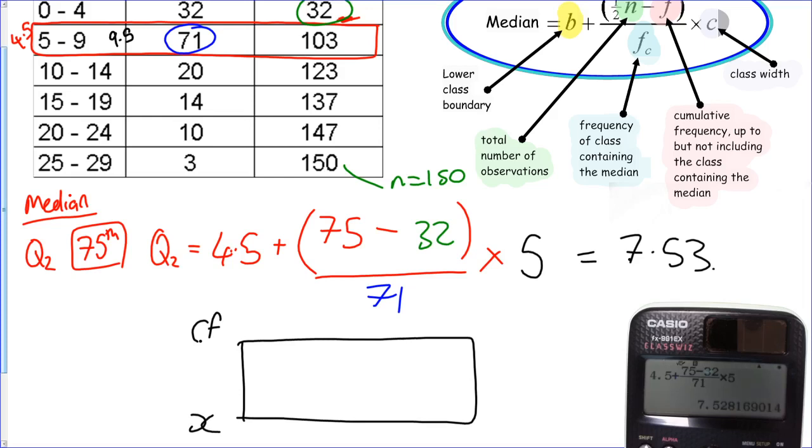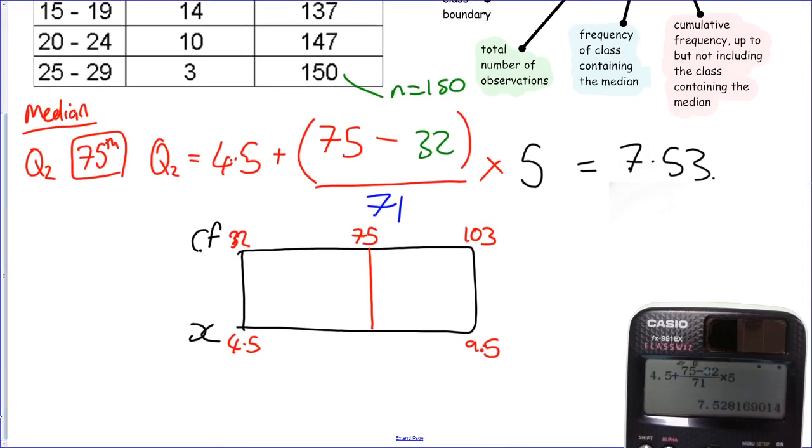And all we're going to do is fill out the information for this class. So the cumulative frequency starts at 32 and ends at 103, and we're interested in thing number 75 because that's our median. On the bottom our x value starts at 4.5 and finishes at 9.5 because those are our boundaries.